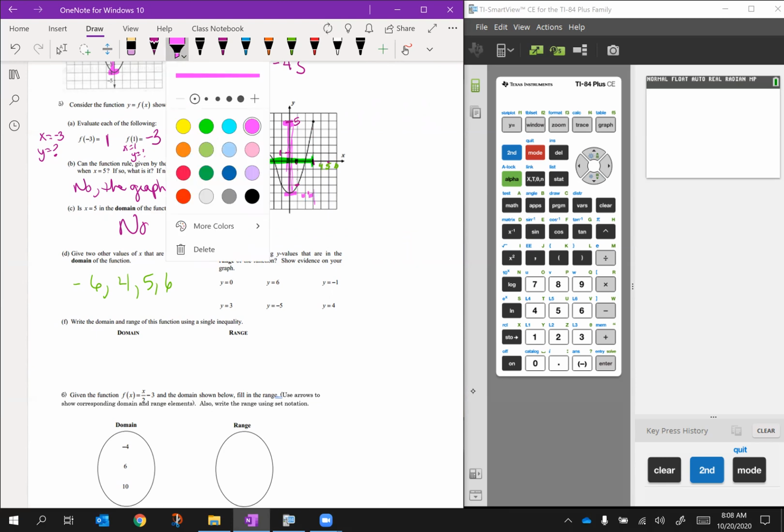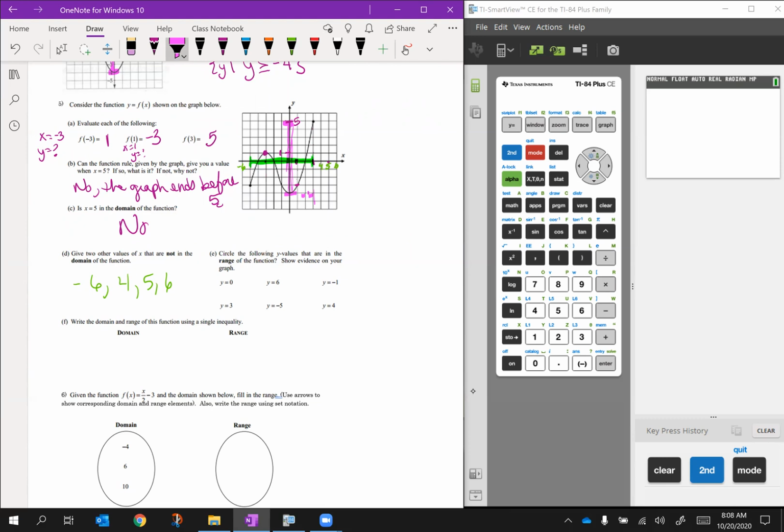All right, so I'm looking to say, go through these and say yes or no. So I have my range being between -4 and 5. So 0 works, 3 works, -1 works, and 4 works. I do not have 6, I do not have -5.